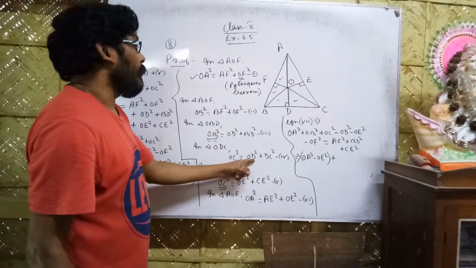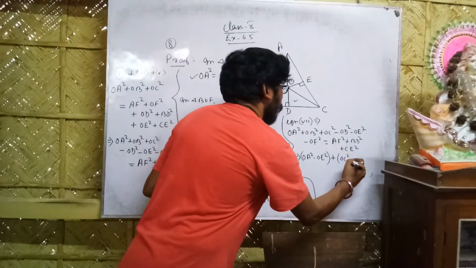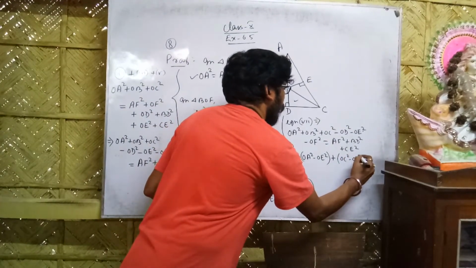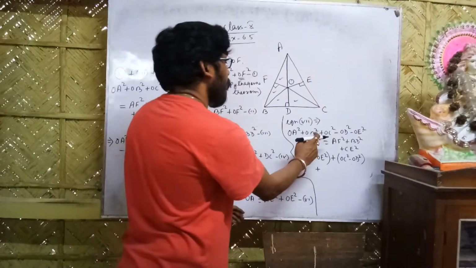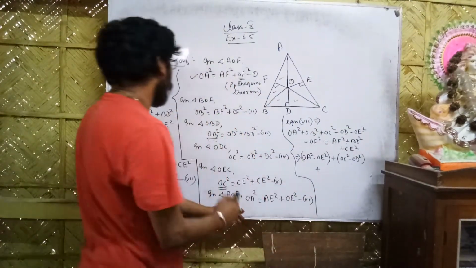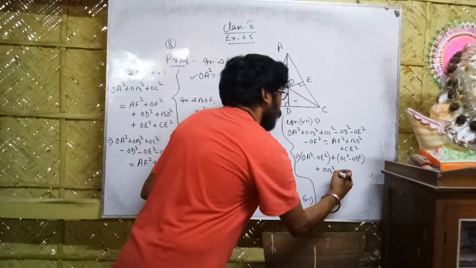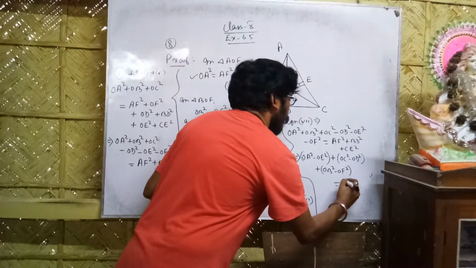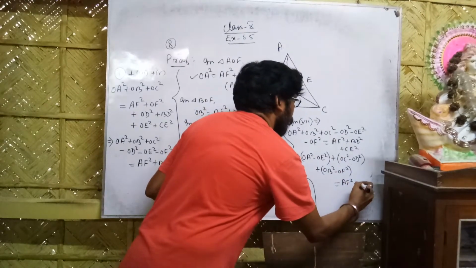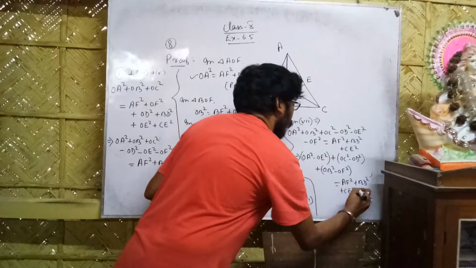CD is OC square minus OD square, so make a grouping of these two: OC square minus OD square, plus the left part is OB square minus OF square, equal to AF square plus BD square plus CE square.